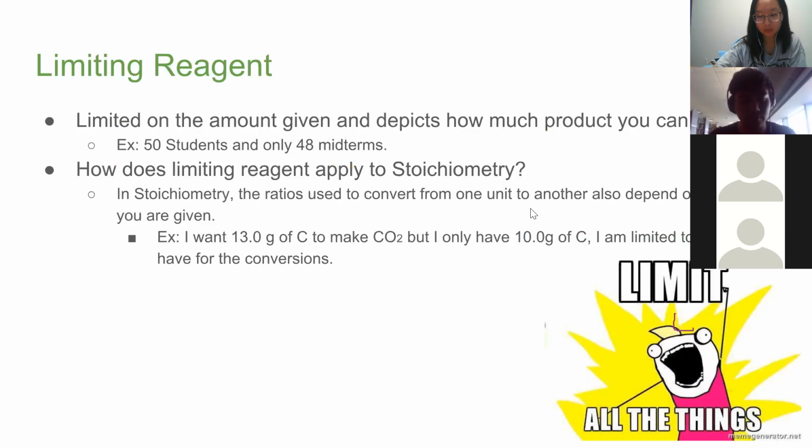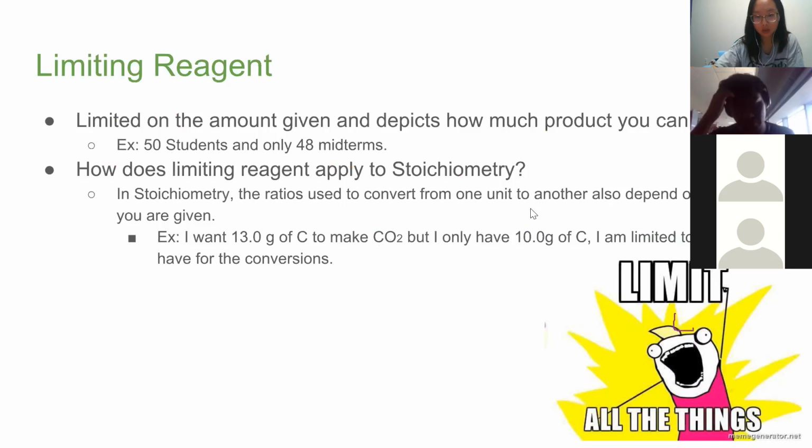So for now, I want everyone to try out this conversion. I want 13 grams of carbon to make carbon dioxide, but I only have 10 grams of carbon. So you can see that I'm limited to what I'm given in order to convert my carbon into CO2.